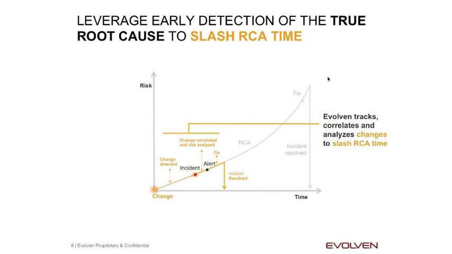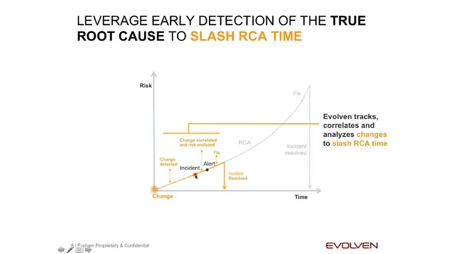So let's go into a little bit of detail about how we can do this in both a reactive and a proactive way. Here I've got a traditional curve of time and risk as it relates to an incident. You can see that, for example, we have a change that occurs, and for Evolvin, that means we can detect that change shortly after it occurs, near real time we call it.